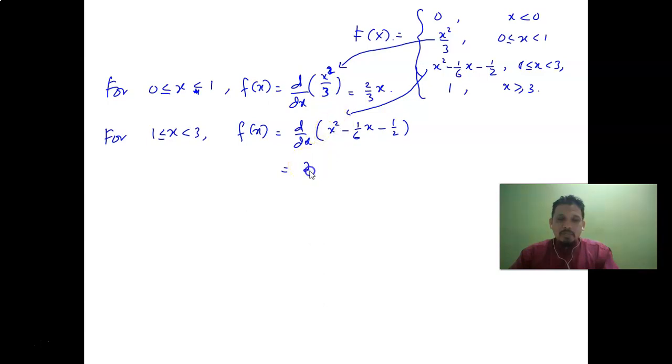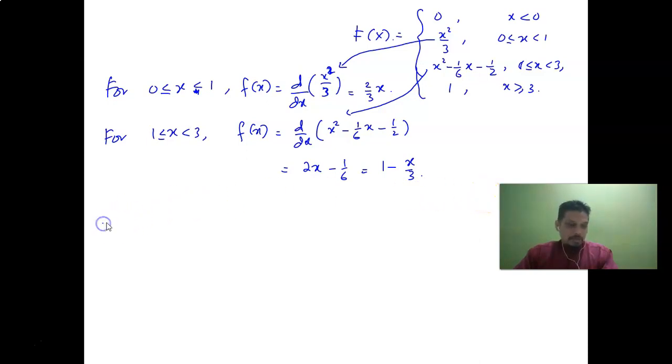Differentiate x squared to get 2x, differentiate 1/6 x to get 1/6, differentiate negative 1/2 to get 0. So this we simplify as 1 minus x over 3.